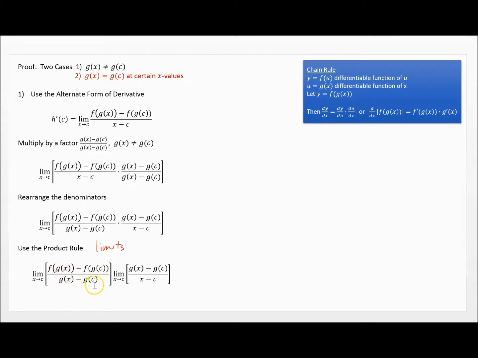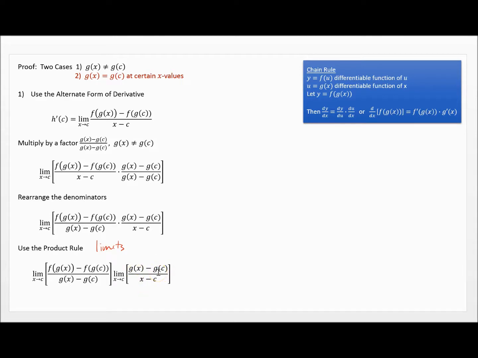Does that make sense? Now, it's not what we started with, but you're subtracting those inside values. This other fraction is another alternate form of a derivative, and this is going to be the derivative of g at c. I said that wrong. There's no f in this side.